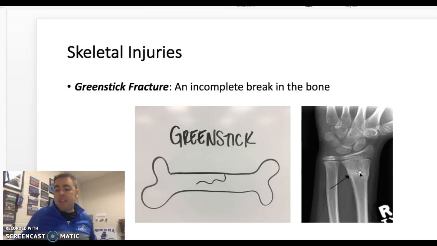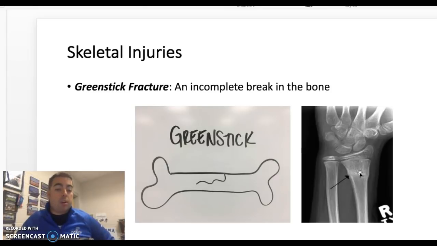Now, one of the things that you're going to have to do for both skeletal injuries and for soft tissue injuries is you're going to have to explain to me how we treat them, how we heal them, right? Well, skeletal injuries are pretty simple when we talk about them, because you're not going to treat skeletal injuries on your own at home. You're going to go to the doctor. You're going to see a medical professional.